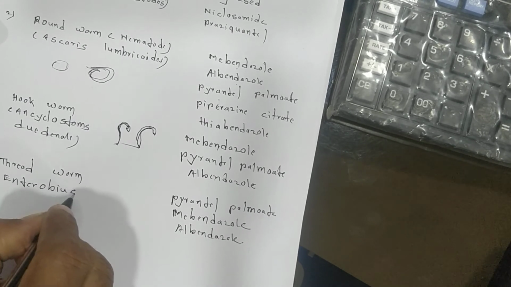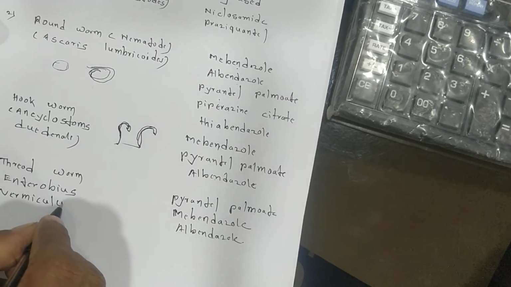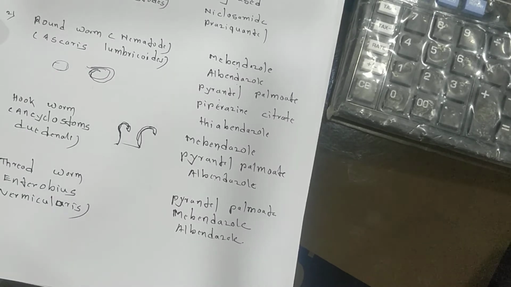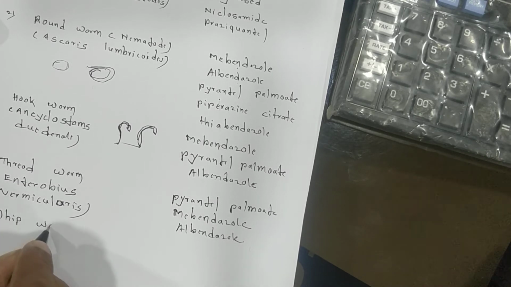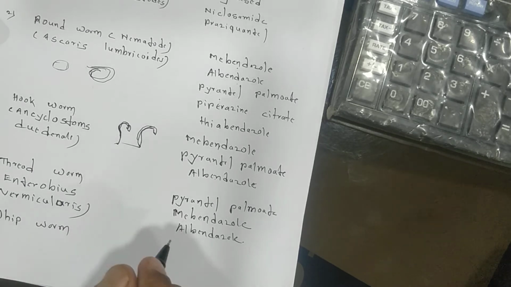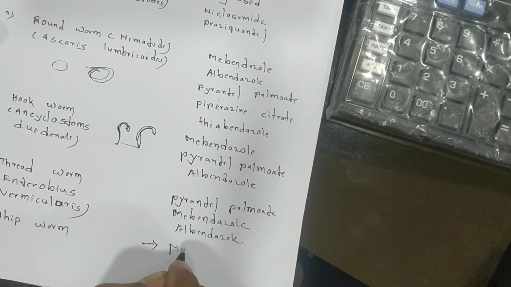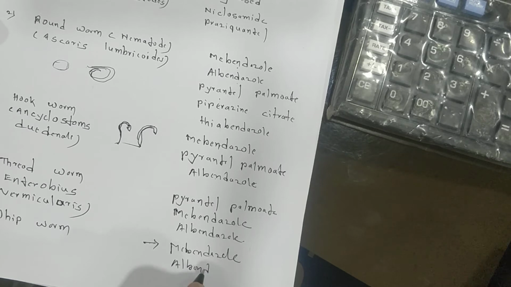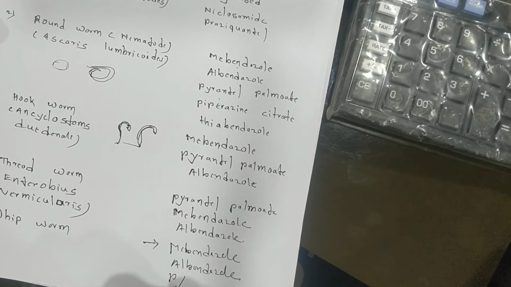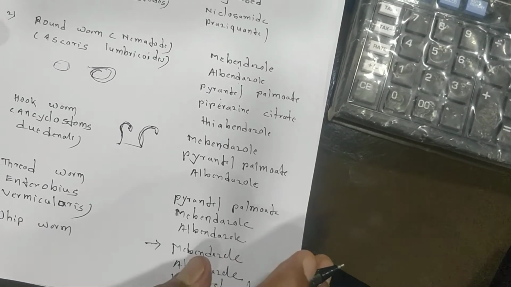Enterobius vermicularis is the name, and the next is the whipworm. For the whipworms all these three drugs are used: mebendazole, albendazole, pyrantel pamoate. And last, flukes.